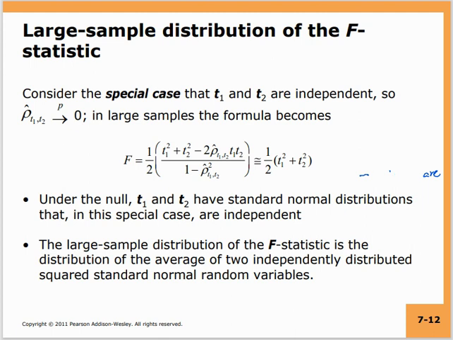So the large sample distribution of the F statistic is the distribution of the average of two independently distributed squared standard normal random variables.